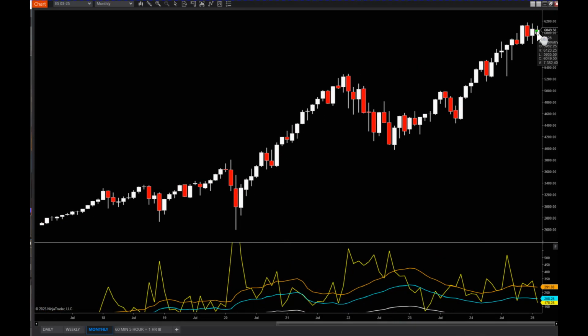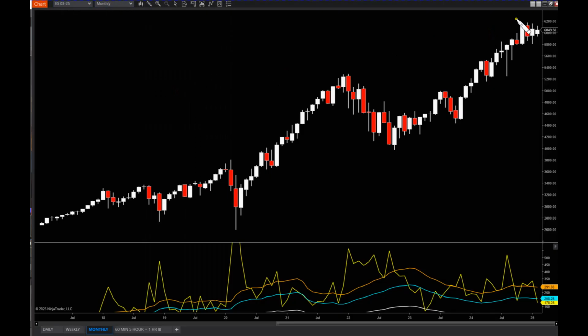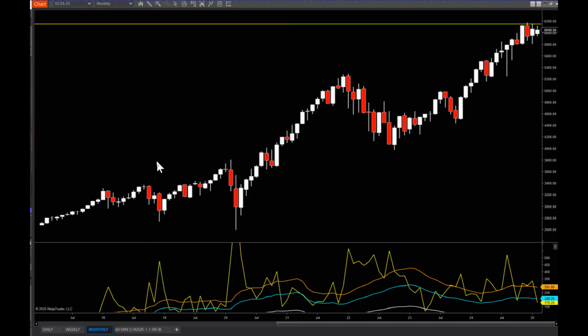Okay, the high is 61.23.25. 30 points added to that is 61.53.25. So if we go higher, 61.53 is going to be a very significant level to watch for an inflection.